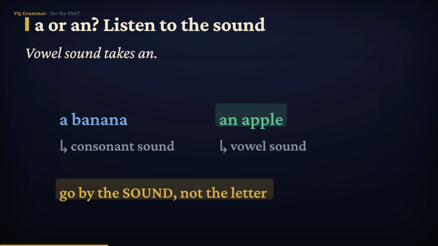Unicorn starts with a vowel letter, but it sounds like U, a consonant sound, so it's a unicorn. Hour starts with a consonant letter, but the H is silent, so it sounds like our, a vowel sound, so it's an hour. Always trust your ear.